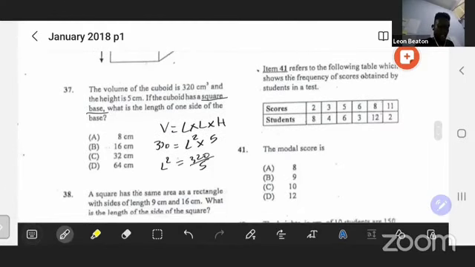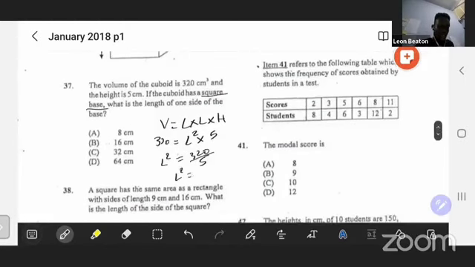Length squared is equal to 320 divided by 5. That will give you 64 when you work it out. So we take the square root, and the square root of 64 is 8.